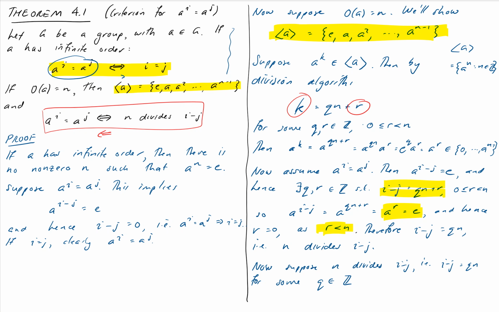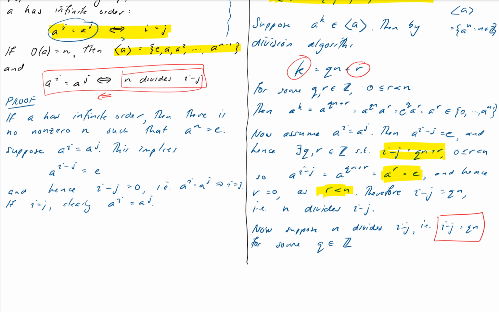So suppose that n divides i minus j, so I'm assuming this part. Can I show a to the i equals a to the j? I've set that up as a statement about some integer q existing such that i minus j is a multiple of n. And now I just need to produce a to the i equals a to the j from that somehow.